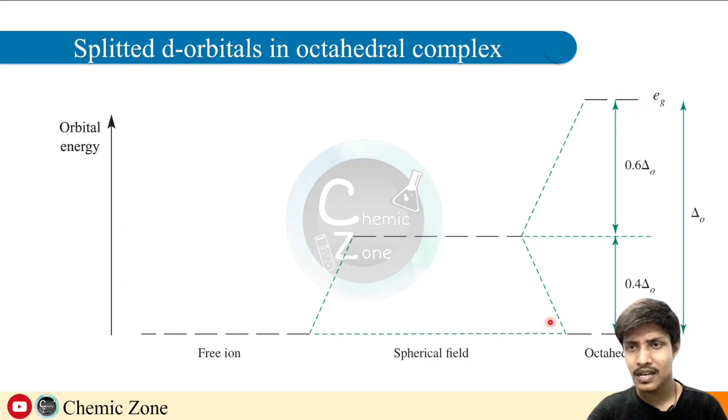One is Eg and the other is T2g. Eg means doubly degenerate and T2g means triply degenerate. So the two axial orbitals get repelled more compared to the three non-axial orbitals. The axial orbitals will be higher in energy and the non-axial orbitals will be lower in energy. The energy gap between them is called the crystal field splitting energy. We denote it as delta O, with O for octahedral.